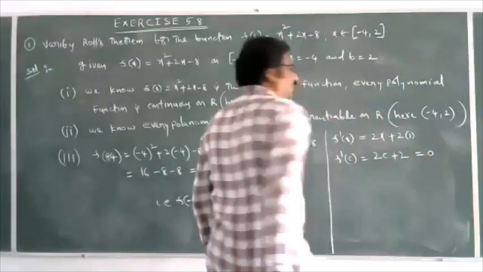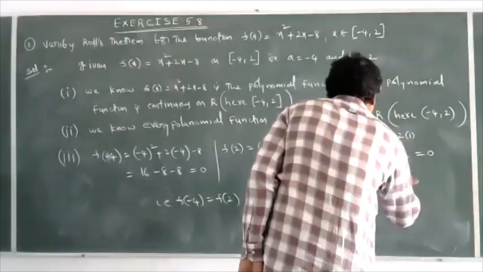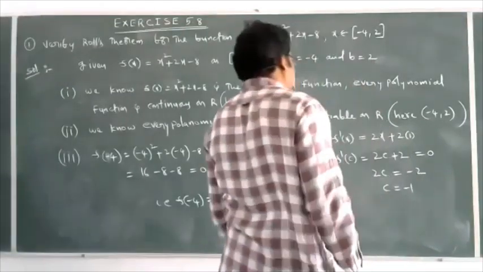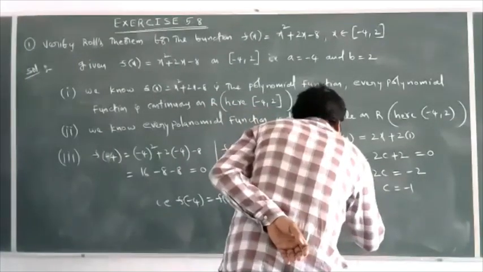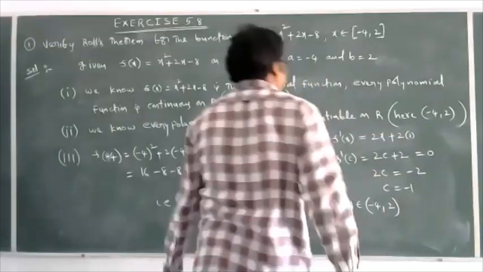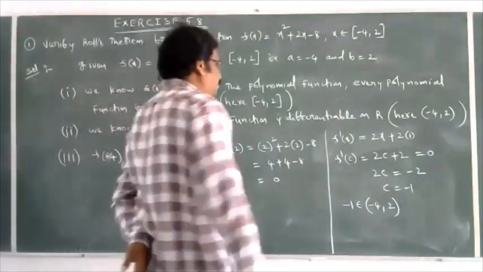Make it 0: 2c plus 2 is equal to 0, 2c is equal to minus 2, c is equal to minus 1. That is, minus 1 belongs to open minus 4 comma 2.